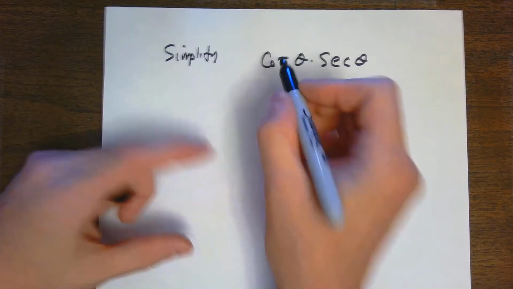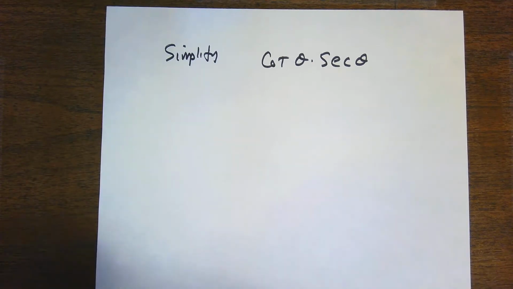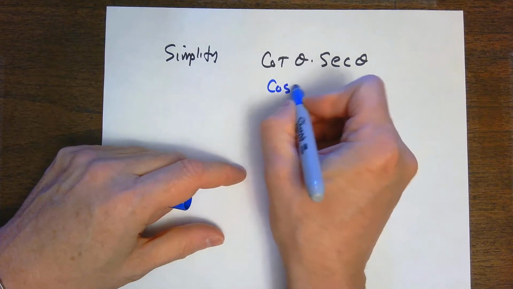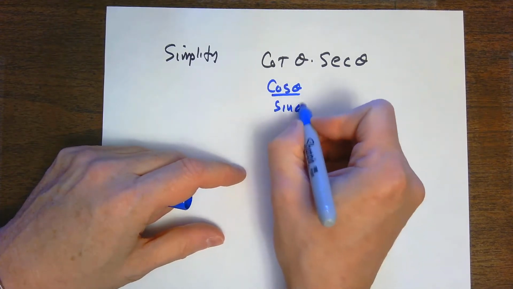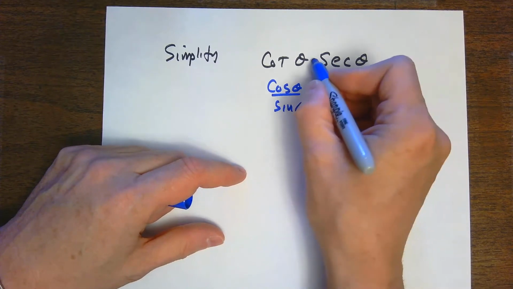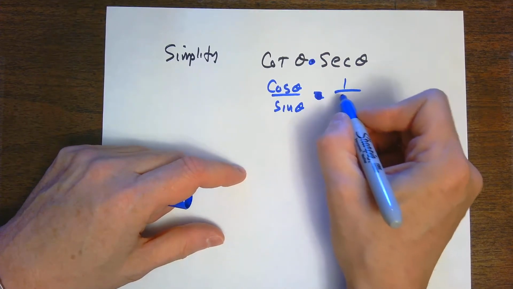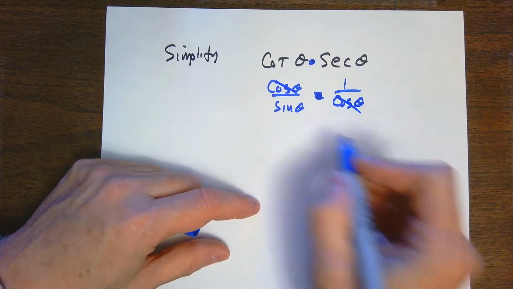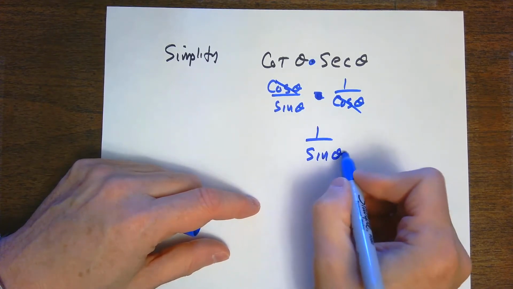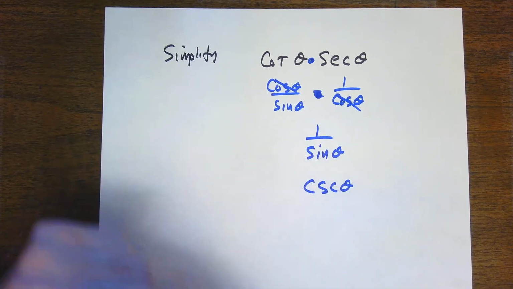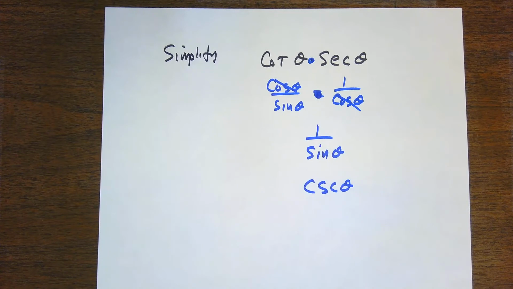Well, cotangent is 1 over tangent, which is cosine over sine, times secant, which is 1 over cosine, and they're going to cancel, and I get 1 over sine. But I'm not going to leave it like that. I know that that's actually cosecant.